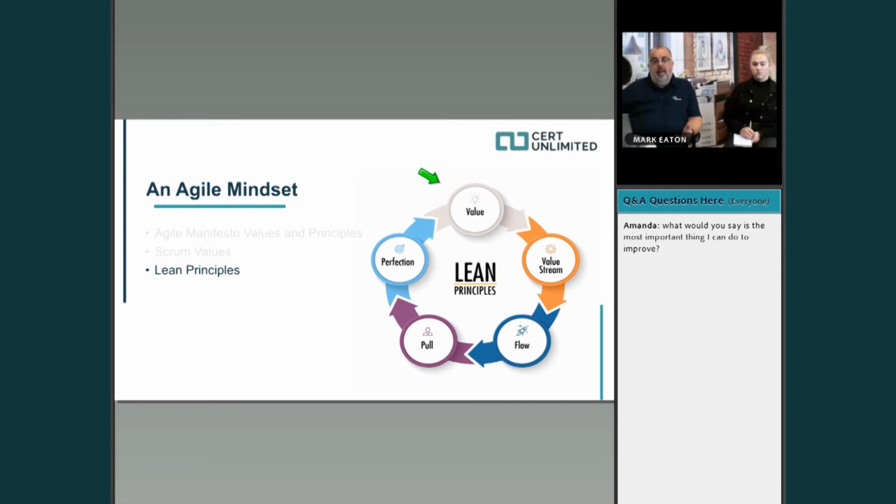The value stream is talking about actually creating that value and ordering and prioritizing your work so that you can actually create that value. So you create a value stream so that you're giving value to your customer on a regular basis. And that involves you having a flow. All right. Next time you're in Starbucks, watch their flow.